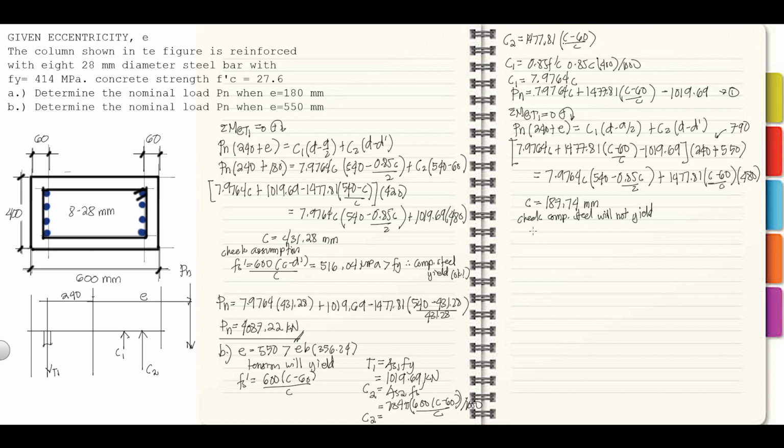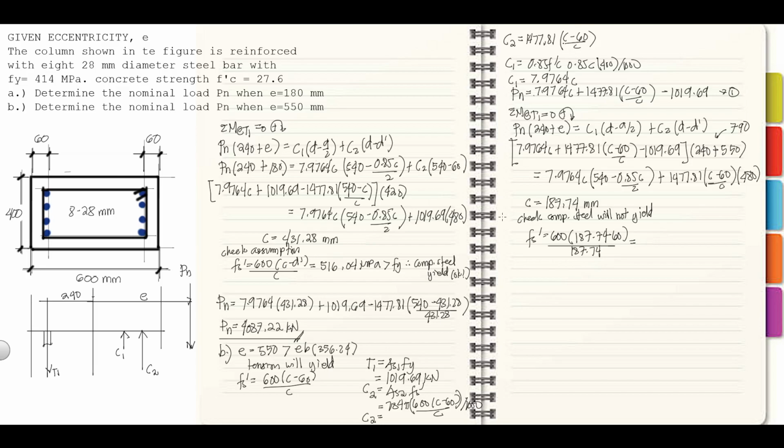So, Fs prime, 600 quantity C, 187.74 minus 60 over 187.74.